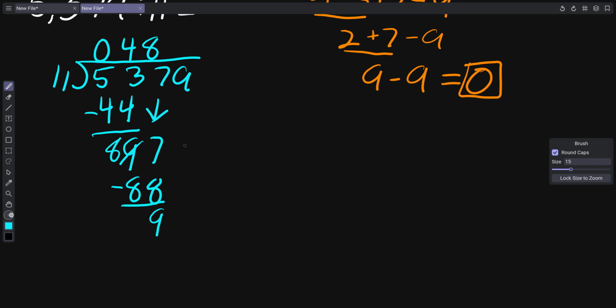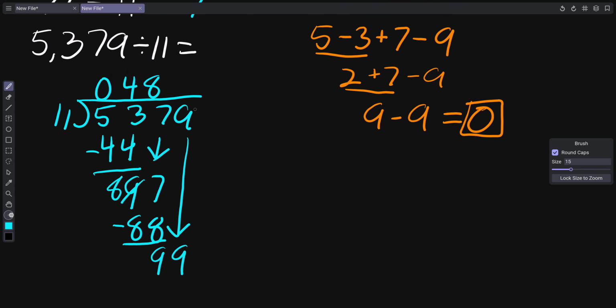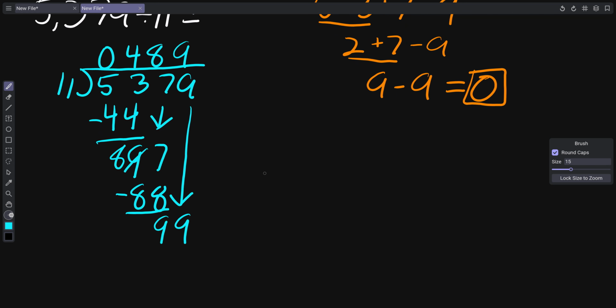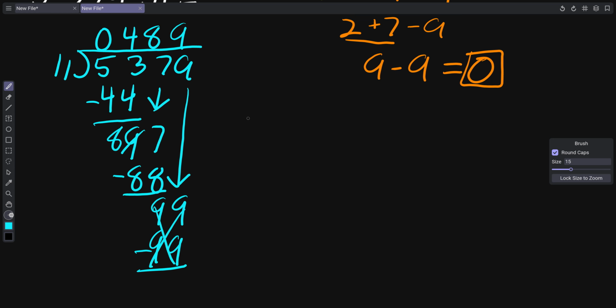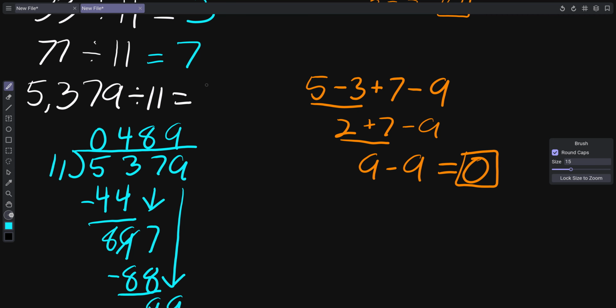Yeah, so it's going to give you 9. And then we drop down the 9. And then 11 can go into 99 9 times. 9 times 11 equals 99, so this cancels. And then our final answer is 489.